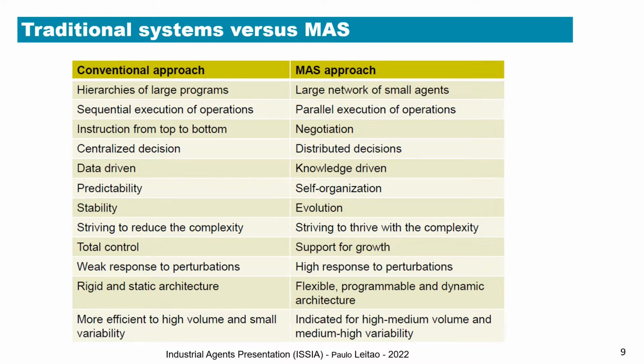Instructions go from top to bottom, while in a multi-agent system we have the concept of negotiation between agents. And of course, decisions are centralized in the conventional approach, while in MAS we have distributed decisions according to different agents. All those characteristics make the multi-agent system a promising and different approach to solve complex, distributed and large-scale flexible systems.